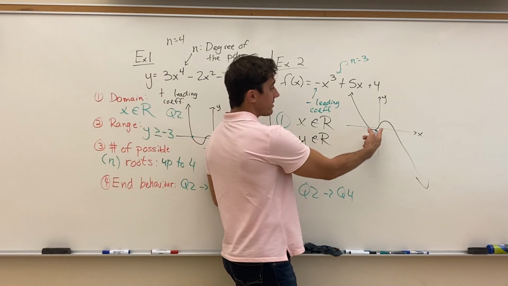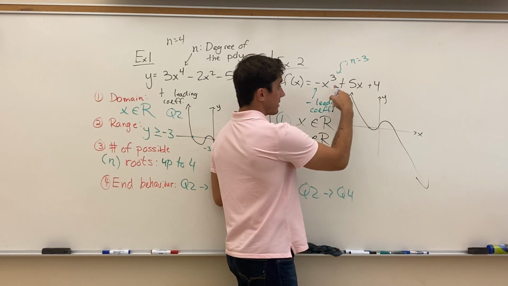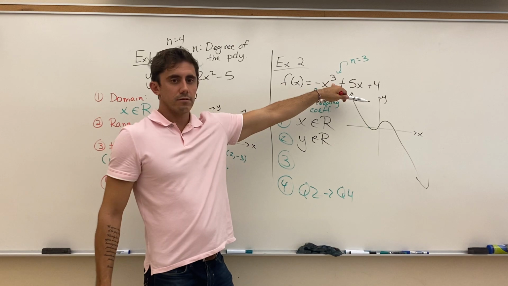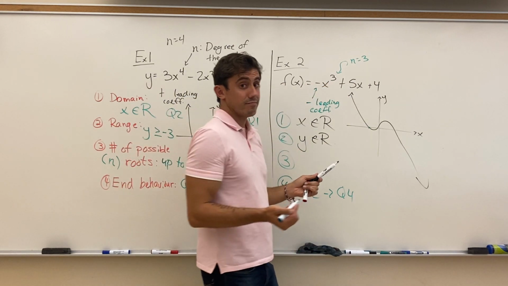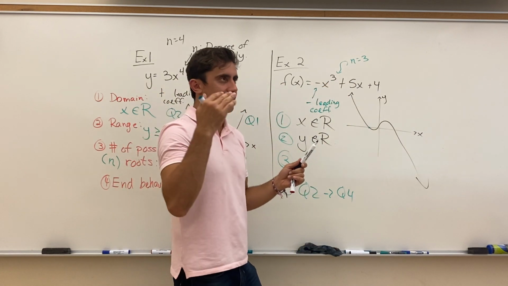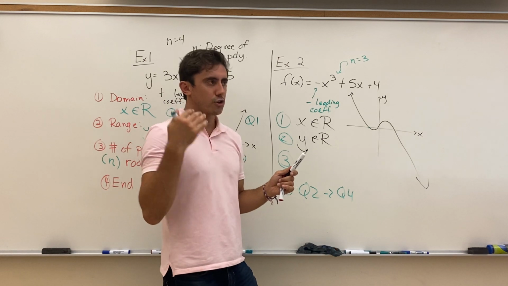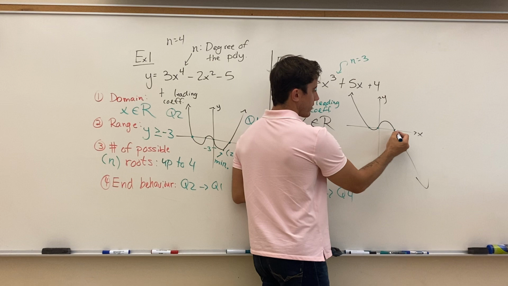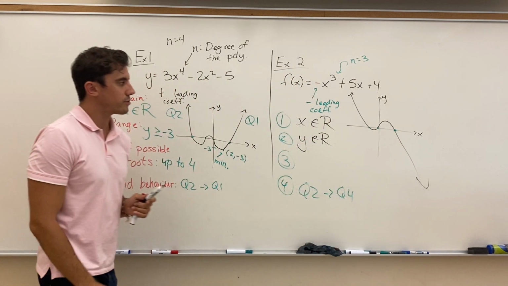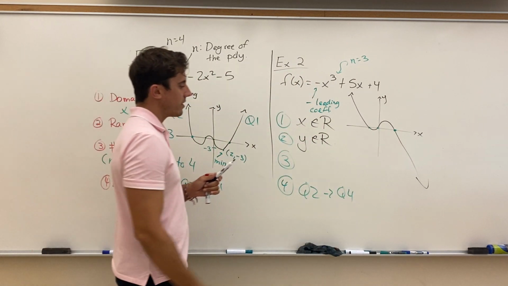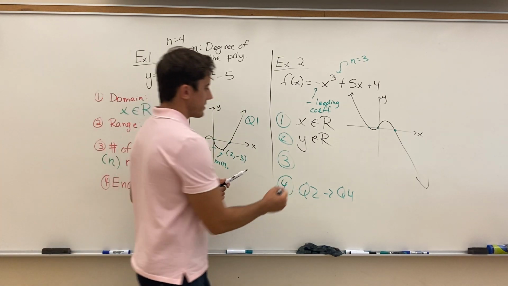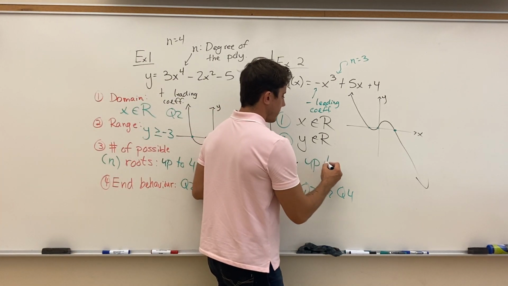It's not necessarily the case that there will always be exactly the same number of roots as the degree indicates, but that's a possibility. It could go that high. And so, in this cubic function that I drew off the top of my head here, we do see 3 roots, 3 x-intercepts. And so, for the number of possible roots, we can simply say up to 3.